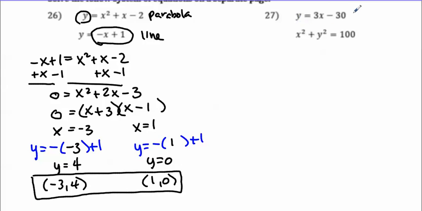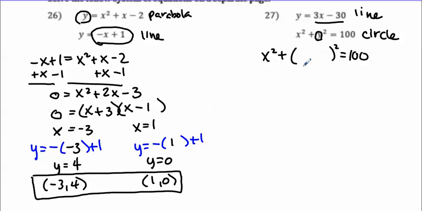All right, in 27, our system is a line and a circle. So we are going to substitute again. This time I'm going to put 3x minus 30 in for the y. So I'm going to write x squared plus something squared equals 100. And I put that 3x minus 30 here. Now when you square a binomial, remember that you cannot just square each term.